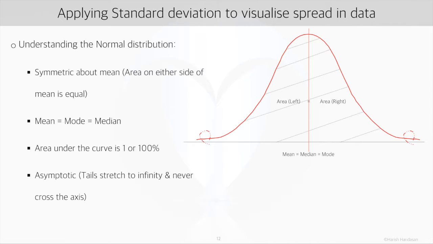That is referred to as the asymptotic behavior of the normal distribution. And in such a distribution, we will see that the center is quite denser as compared to the tails. So these are the typical properties of a normal distribution.